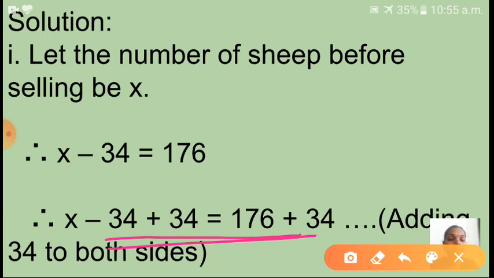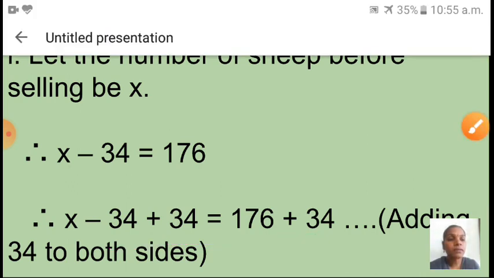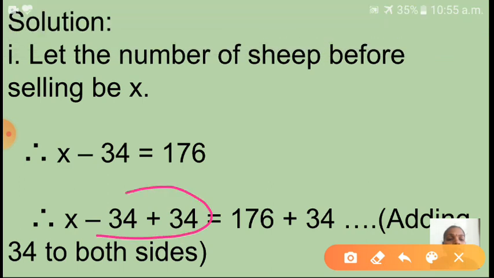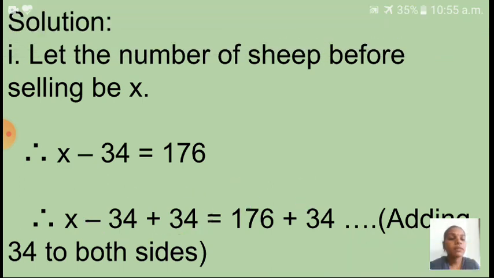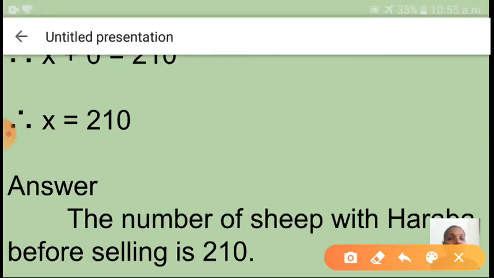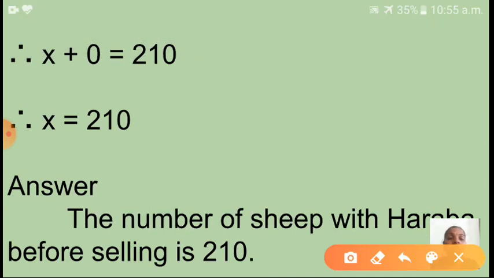Adding 34 to both sides. Okay. See here children, next step is, X plus 0 is equal to, you have to add these two numbers, 210. So X is equal to 210.